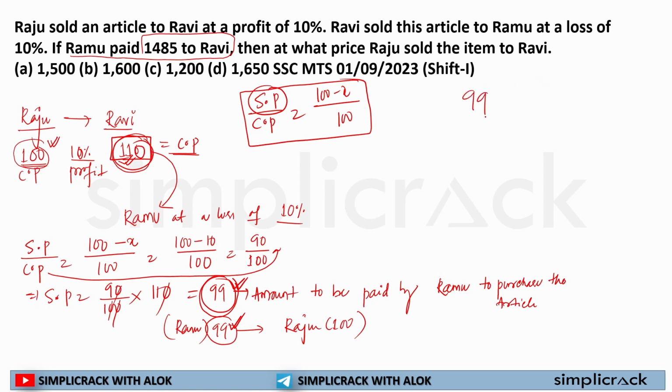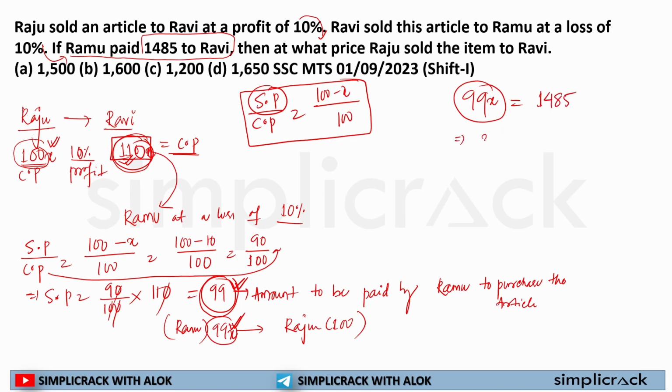Whatever Ramu is paying after these two transactions, 10% profit and 10% loss, is equivalent to 99, or I can say 99x. So if Raju's price was 100x, he sold it at 10% profit, it will be 110x, and now Ramu is paying 99x for that amount. So 99x is nothing but 1485.